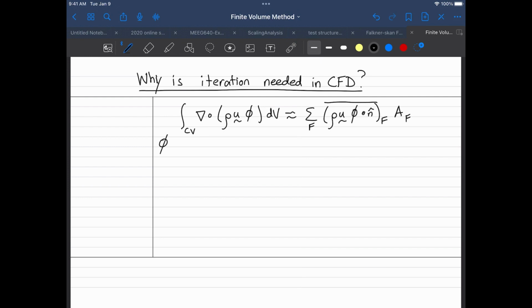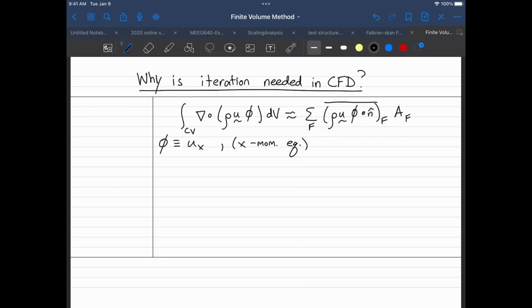Let's suppose that phi represents u sub x, the velocity component in the x direction. So let's say this is the x momentum equation, in which case phi is u sub x. Let's try to bust this thing out and see what it is.